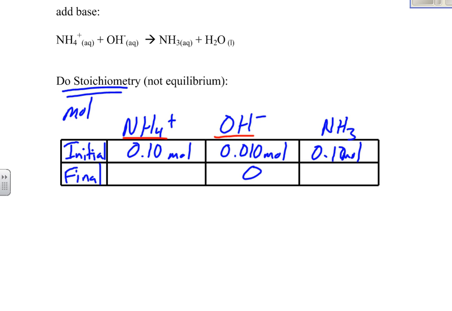So if this goes down to 0, that means the NH4 plus is going to also decrease, because that's what's neutralizing it. So this is going to go down to 0.09 moles. And it also means that the NH3, the ammonia, is going to go up by 0.01. So it would be 0.11 moles.